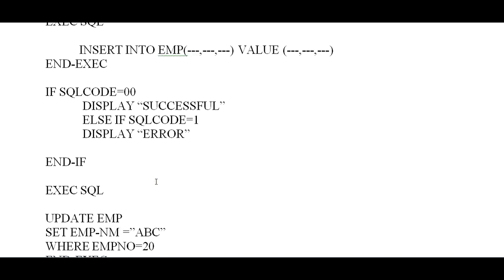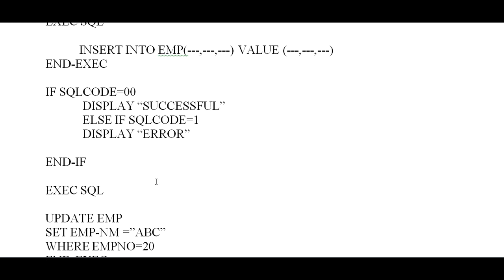In the next video I will tell you about the declaration of host variables, and how we actually handle connecting with the DB2 table externally. We need to define host variable members in our working storage section and retrieve the values from DB2.